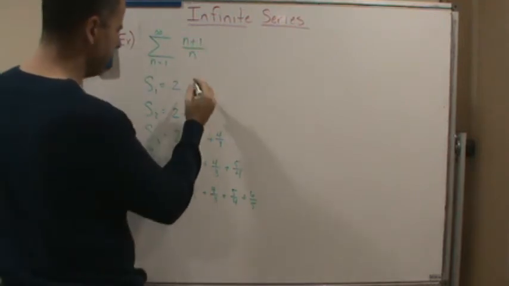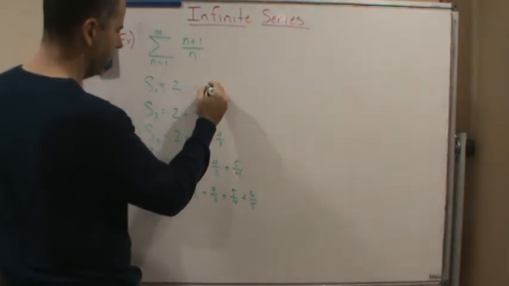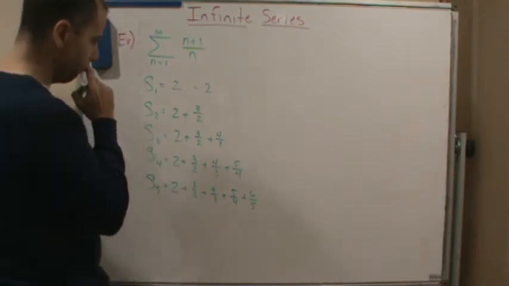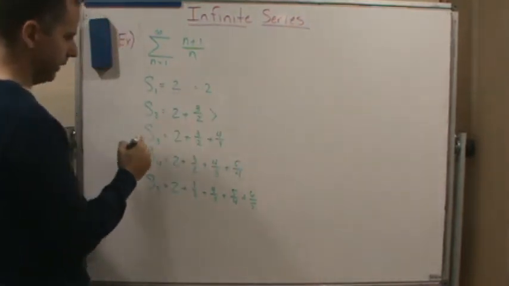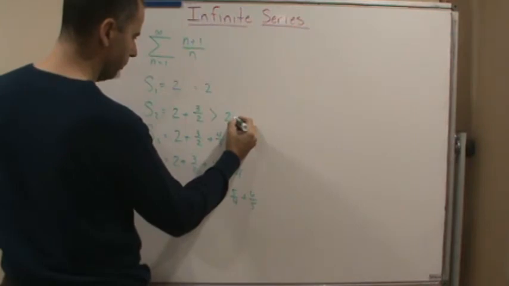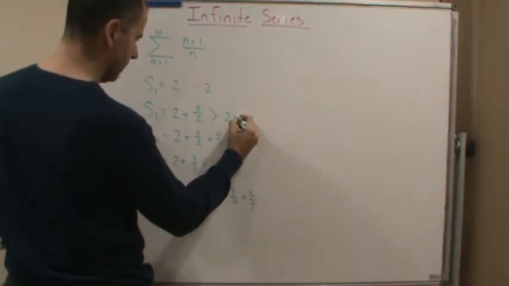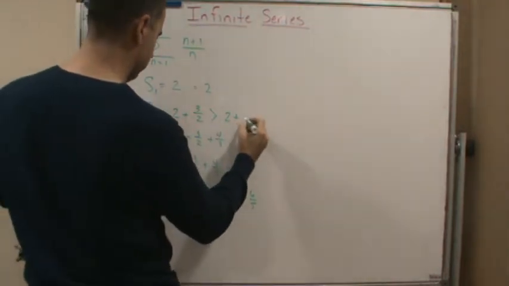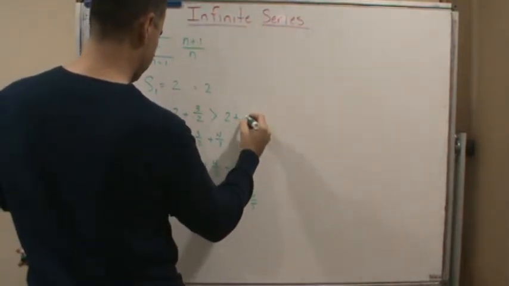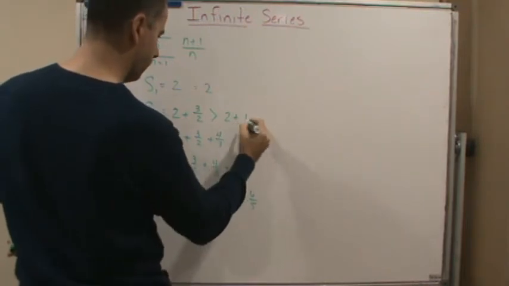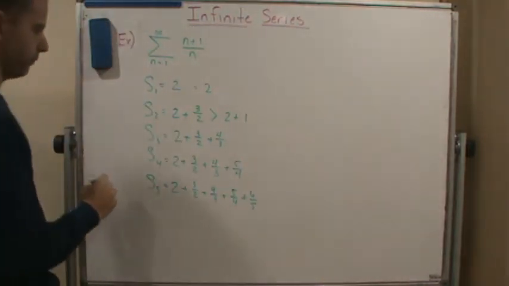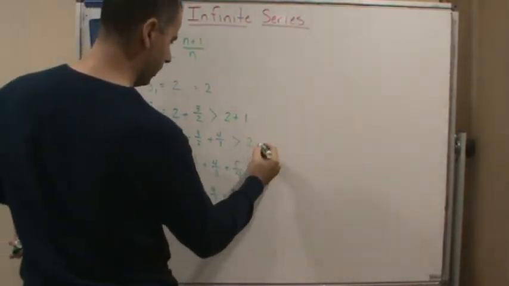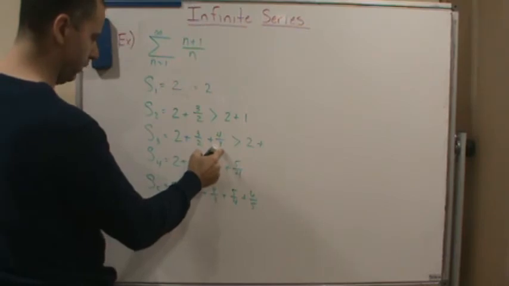So I could say, well, this is equal to 2. This is bigger than what? It's going to be 2 plus 1. And this is bigger than what? 2 plus 1 plus 1.